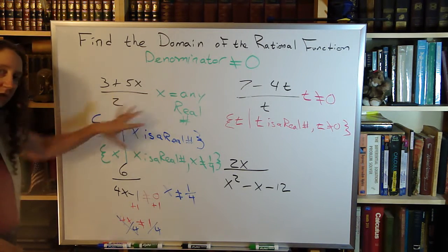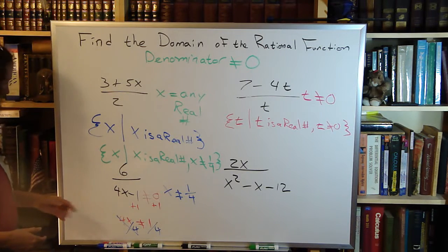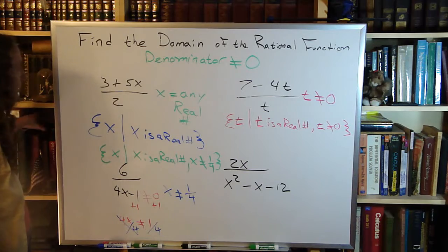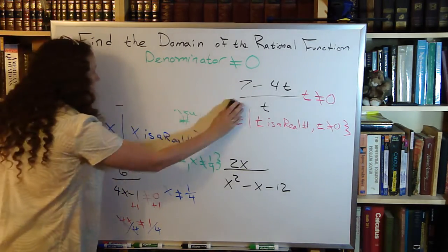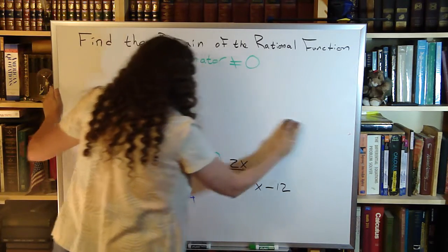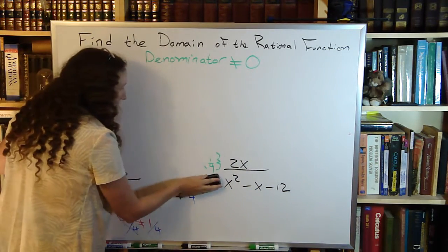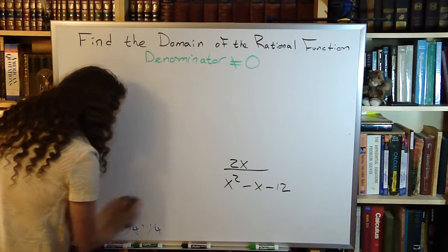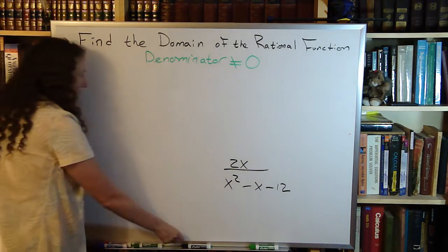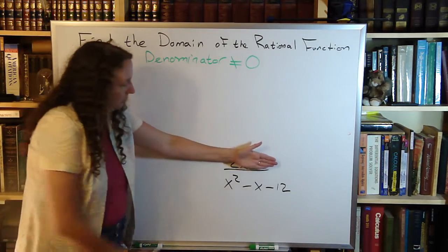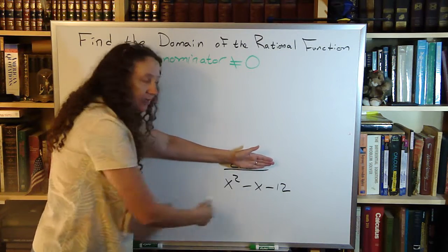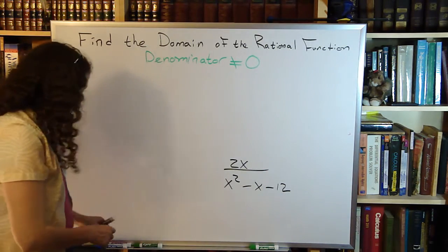So these 3 are fairly easy. That last one, though, is going to take a little work, so I need a little bit more space. So I'm looking again only at the denominator. That denominator down there cannot equal 0.